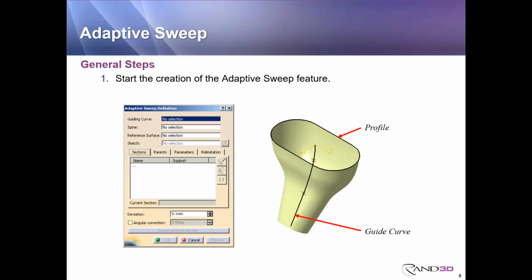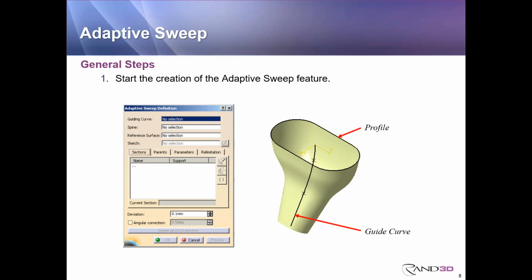Now, the sections tab itself is where you initially see the profile that is specified for your adaptive sweep. And if you are going to define additional, again, what's called user sections, you'll see them named here as well on the sections tab.